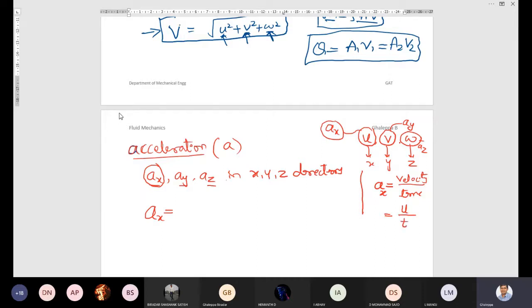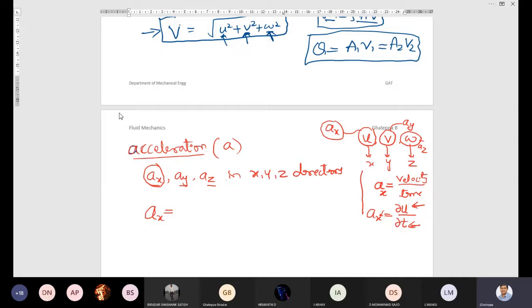Okay, u means velocity in x direction divided by time. Time is t. U by t is a formula for AX, and this u, change in velocity with respect to time, is an indefinite, small amount of velocity changing only in x direction. So what I do is I will take dou, partial differentiation, because there is a small change or variation in velocity with respect to time in x direction.